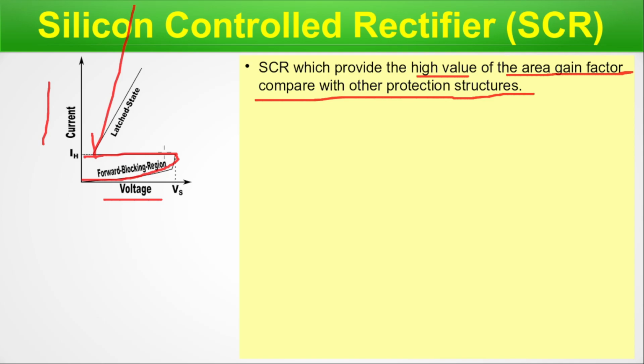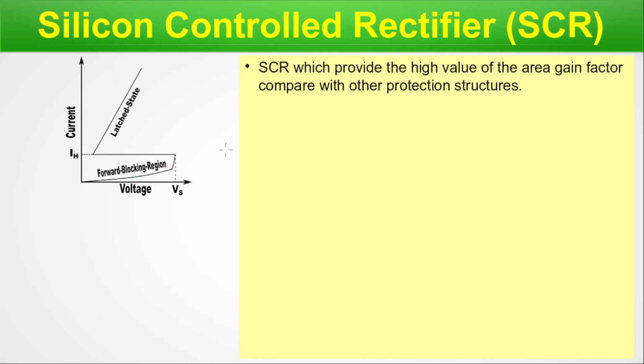That means the voltage actually drops and then the current goes high. Here it gives a path for the current to pass at a lower voltage, and it's almost like this, but in actual practice this will be almost a line parallel to the current axis.